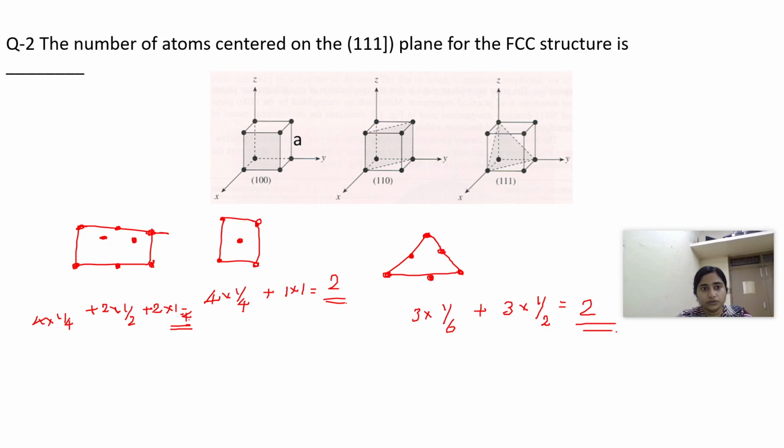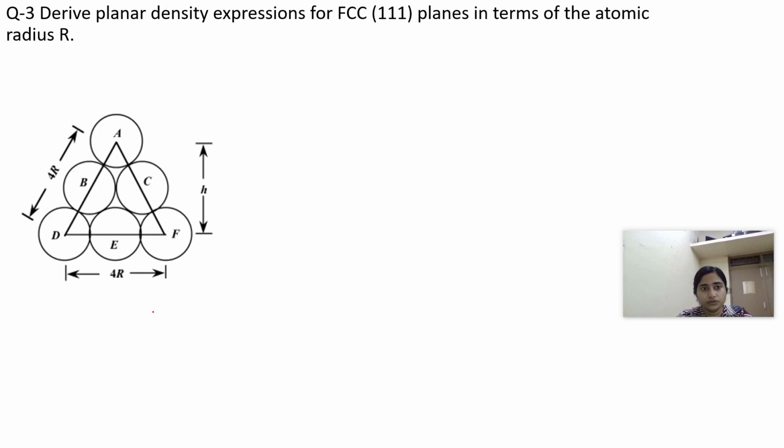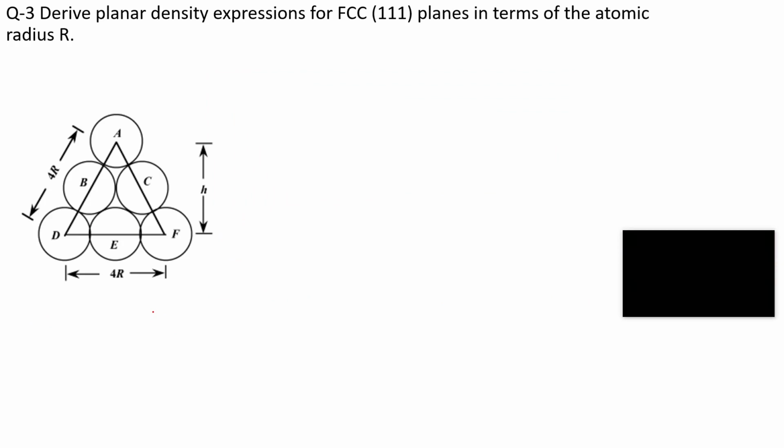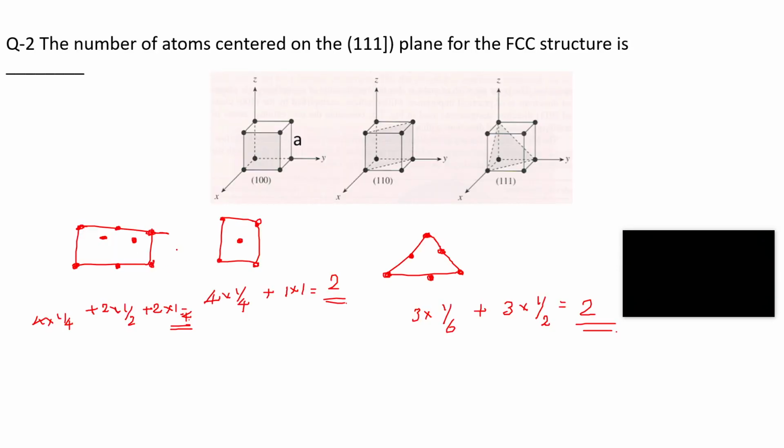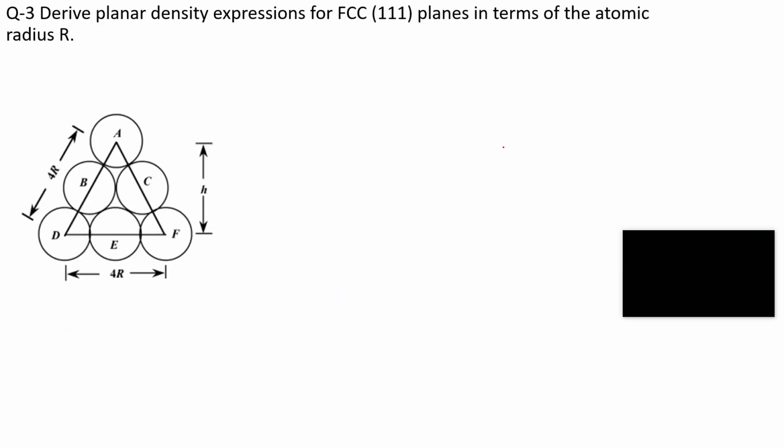Now we will go to another problem. Derive the planar density expression for the FCC 111 plane in terms of atomic radius r. So if it is the 111 plane, what will happen? It is like a diagonal, this plane whatever we are seeing here. The atoms will be like this, corner atoms and 3 face atoms.